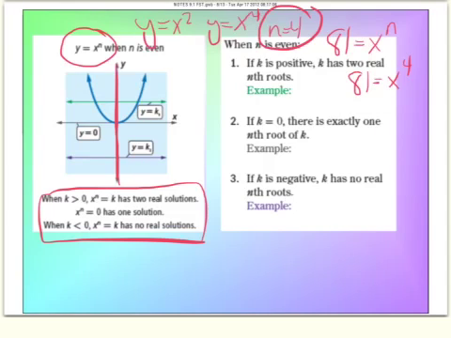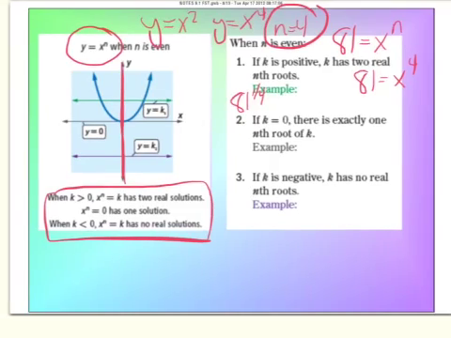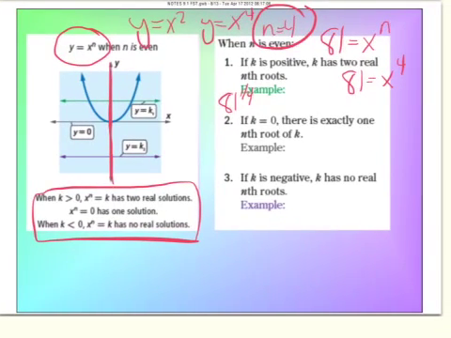Well, to solve this, you would take the fourth root. So what is the fourth root of 81? You're saying 81 to the 1/4 power. And what number 4 times is 81? Well, you would have either a +3 in this case or a -3. And so you actually have two solutions. Now, if you were to graph this equation, you'd see that it crosses the x-axis at 2 spots, at +3 and -3.